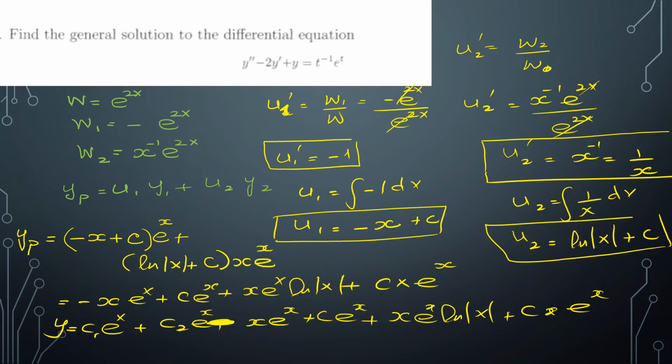Now we can combine all, that is, take e to the power x as the common factor before finalizing our answer. Otherwise, this is your final answer.